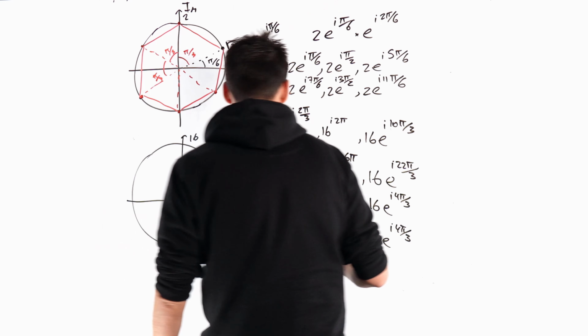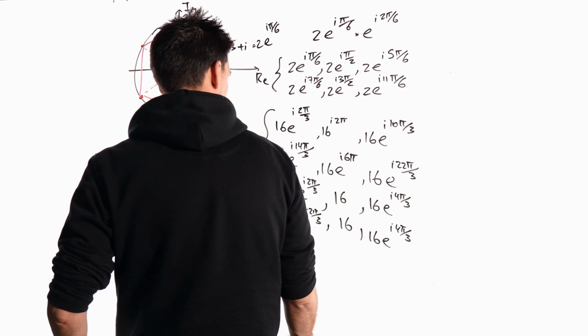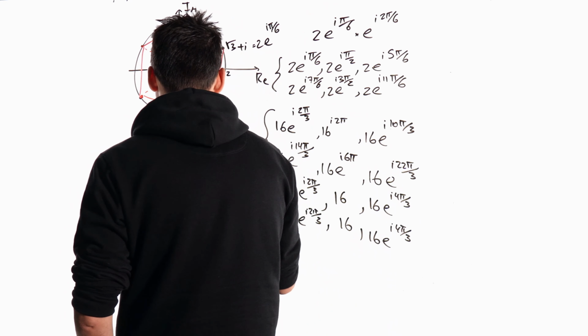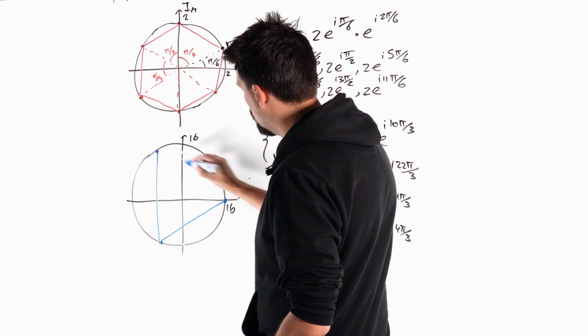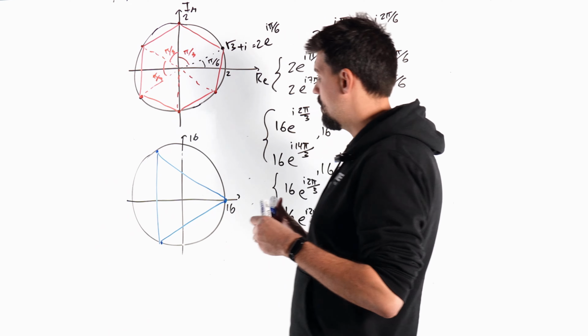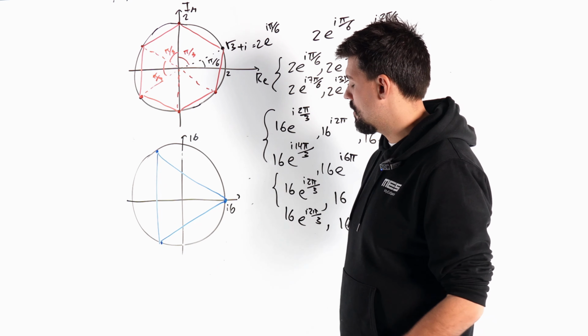Then I've got 2 pi over 3, which is up here. And the other one is 4 pi over 3, or minus 2 pi over 3, which is over there. So we end up with an equilateral triangle, which is the best I can do here. An equilateral triangle with a radius of 16.